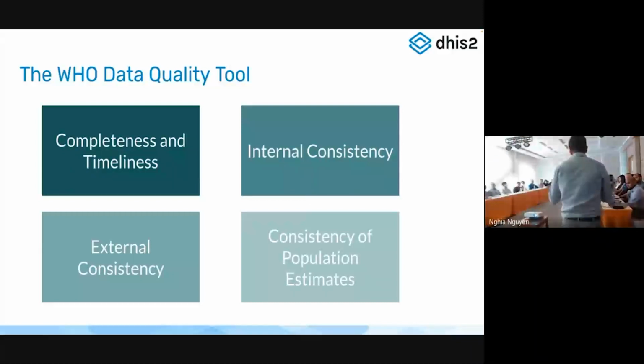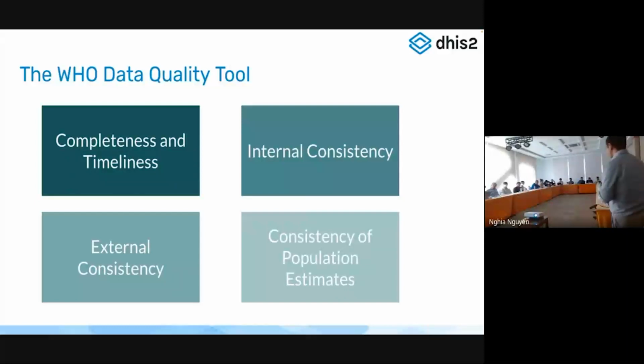So I know denominators is always a problem for everybody, basically in the world, right? So it's also just comparing your various denominators and seeing if this is a problem. Now, a lot of this we can do using the tools I already showed, but there is some additional functionality within this tool.